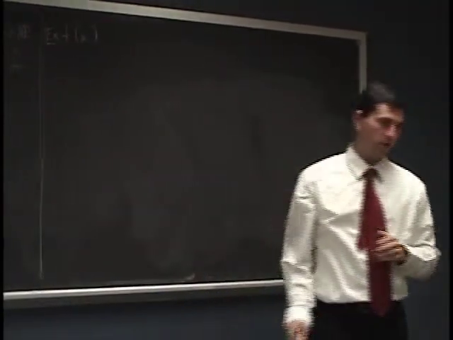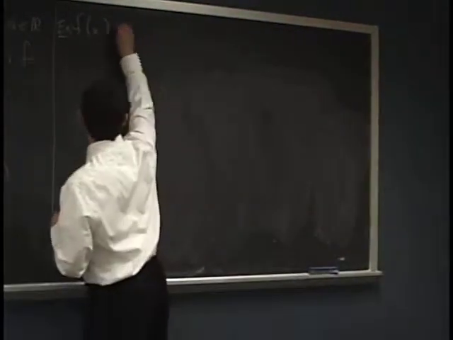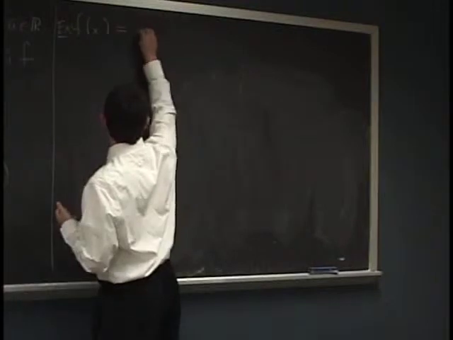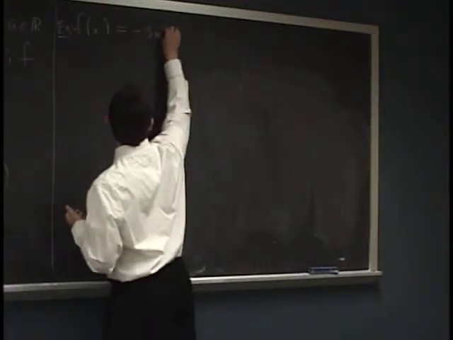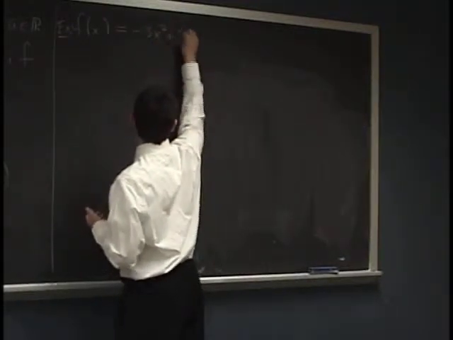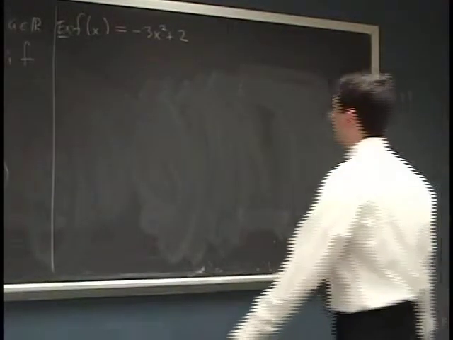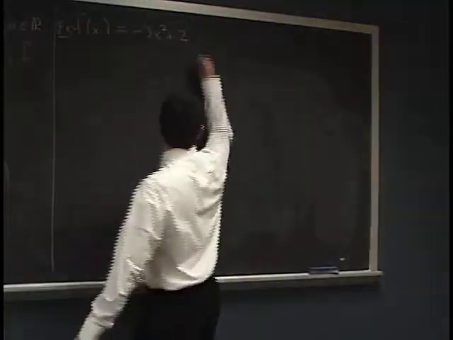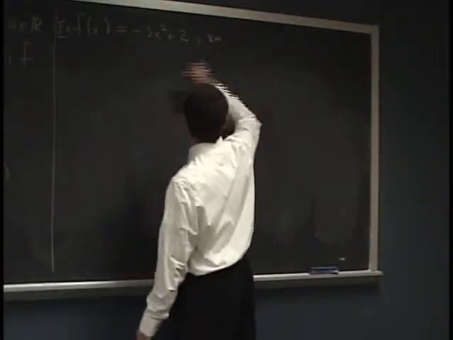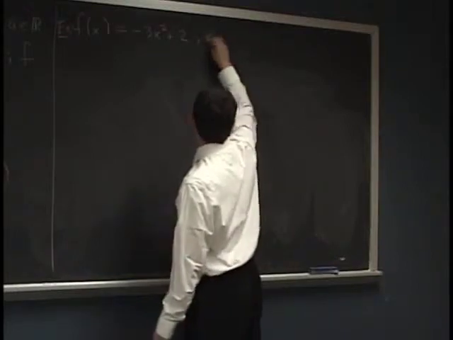Okay, so let's pick a function. Let's do negative 3x squared plus 2. Just to pick one randomly. And let's call it a.